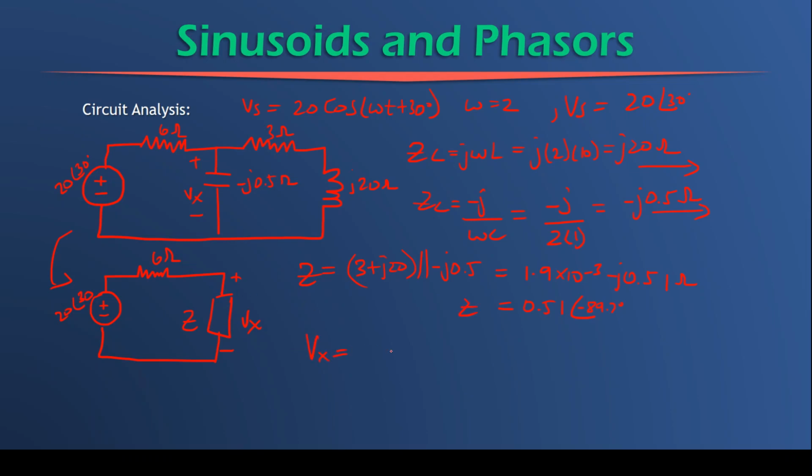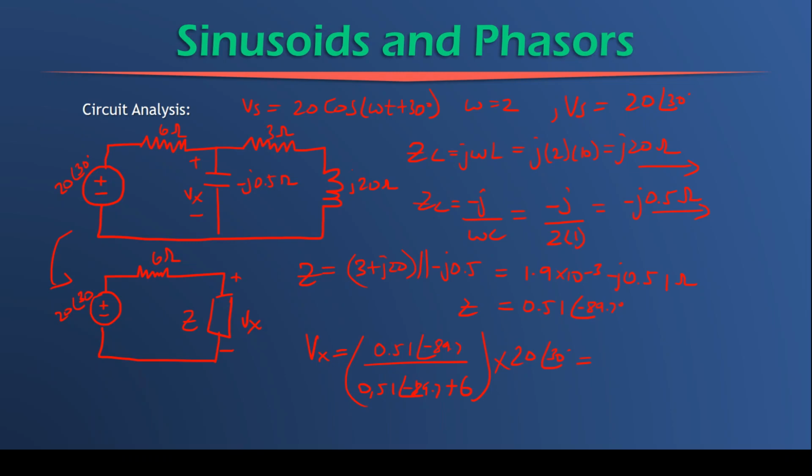So we can say Vx is going to give us 0.51 angle negative 89.7 over 0.51 angle negative 89.7 plus 6, multiplied by 20 angle 30, and that's the normal voltage division.